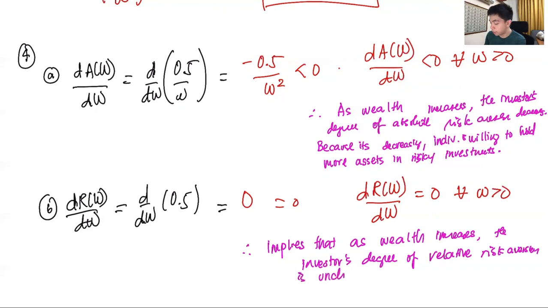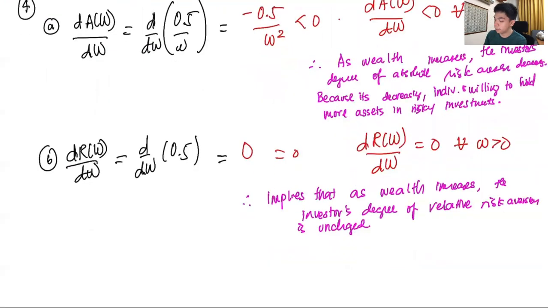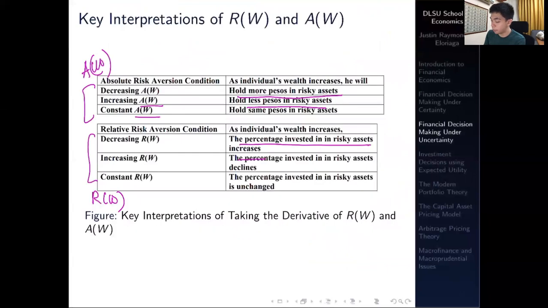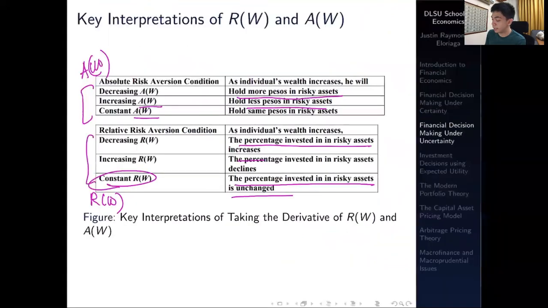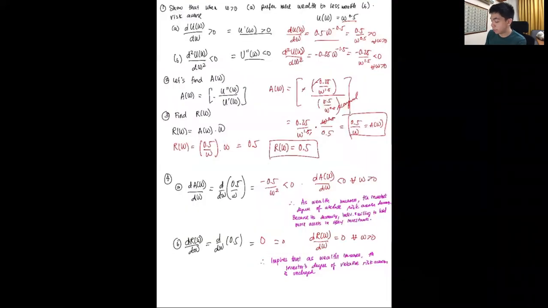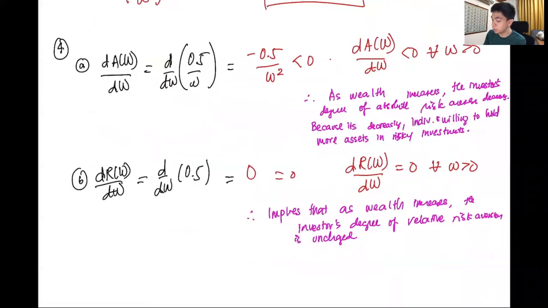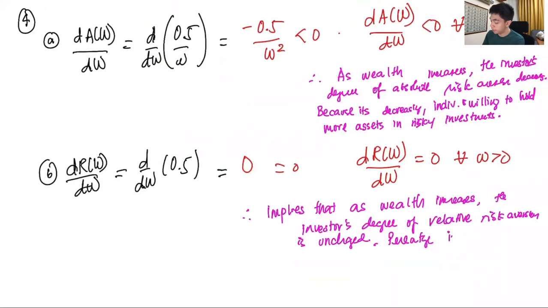So what does that mean economically? We'll go back to the table. We have a constant RW, so it means that the percentage invested in risky assets is unchanged. So that's what it means. The percentage invested in risky assets remains unchanged.